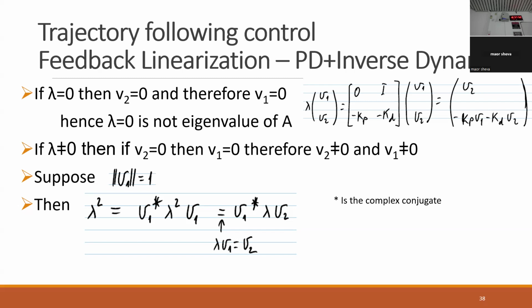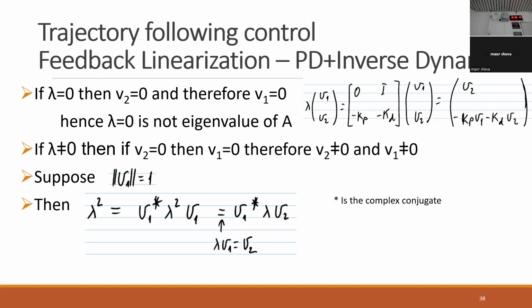Therefore, V2 must not be 0. And also V1 cannot be 0, otherwise we'll get the same solution.